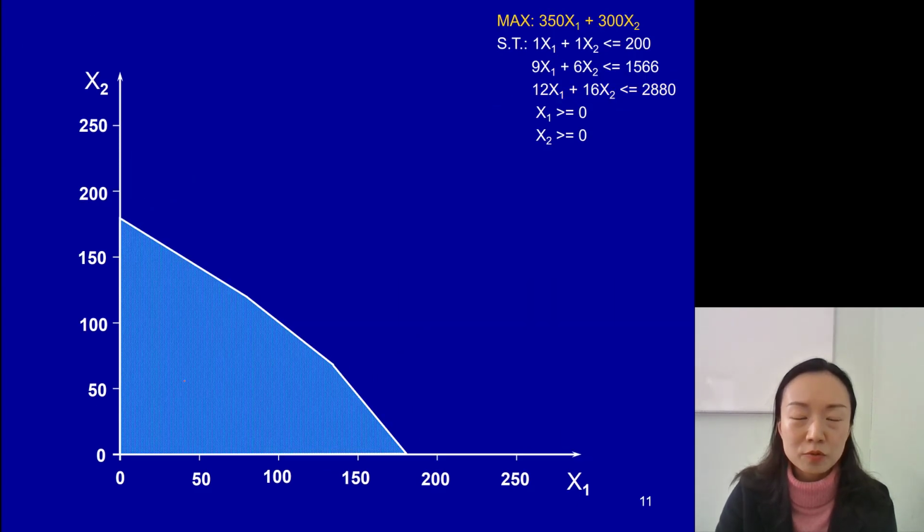Now, with the feasible region identified, our purpose is to identify which point gives us the maximized objective function value. Our objective is 250x1 plus 300x2, and we want to find the maximized value of it. How do we do that?